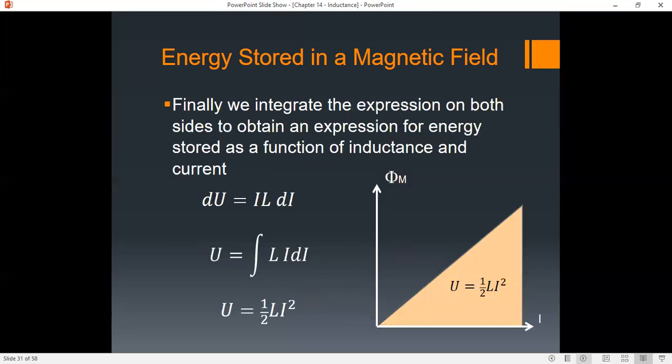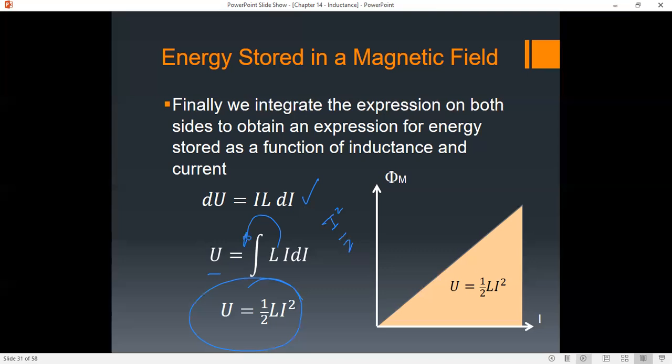So if I take this equation right here, now I'm going to do the integration. I integrate both sides of the equation and I get an expression for energy. L is a constant, so that can come out in front. I dI: if I integrate I with respect to I, I get I squared over 2, and I get U equals 1/2 L I squared.